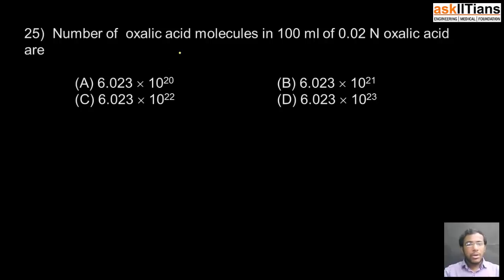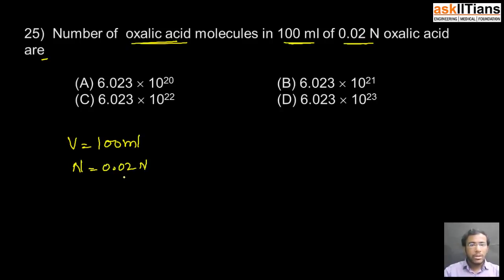The number of oxalic acid molecules in 100 ml of 0.02 normal oxalic acid are. Here we have to calculate the number of oxalic acid molecules. The volume is given as 100 ml and its normality as 0.02 normal.